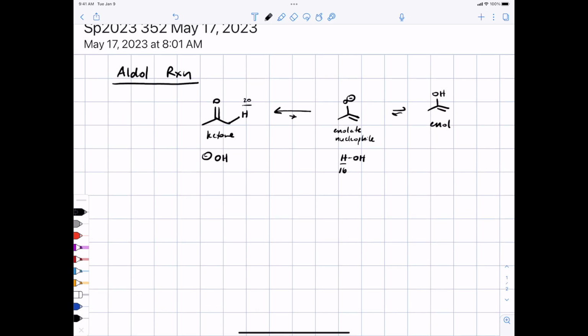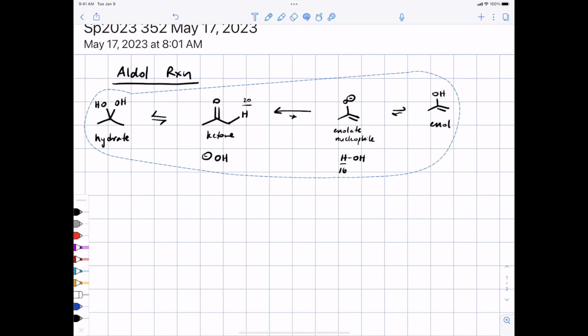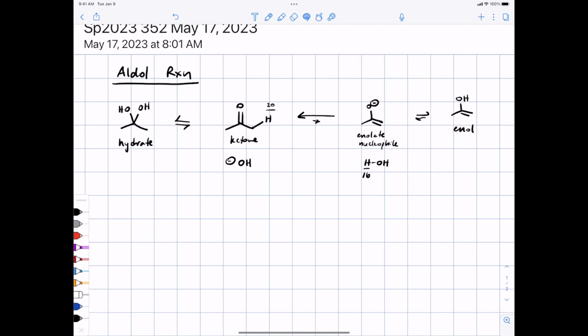And then, of course, you also have over here, in some amount, depending on how electrophilic the ketone is, some of the ketone hydrate. All of that we've talked about already, but basically in basic aqueous solution, you've got some of all of this.